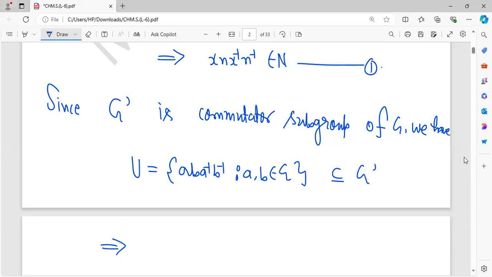So this implies x n x inverse n inverse belongs to G dash.